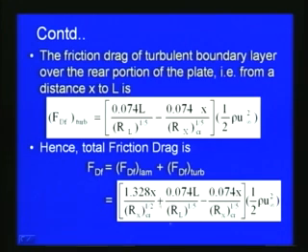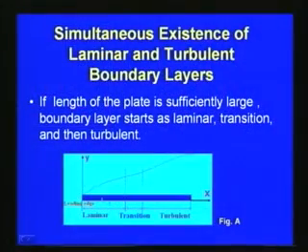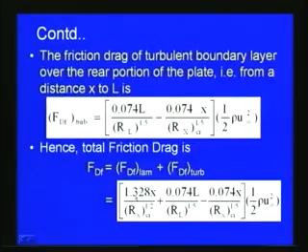This gives the total frictional drag for the simultaneous existence of laminar and turbulent boundary layer. So, in this range, we get the total frictional drag FDF equal to 1.328 x divided by Rx critical to the power 1 by 2 plus 0.074 L divided by RL to the power 1 by 5 minus 0.074 x divided by Rx critical to the power 1 by 5 into half rho u infinity square.